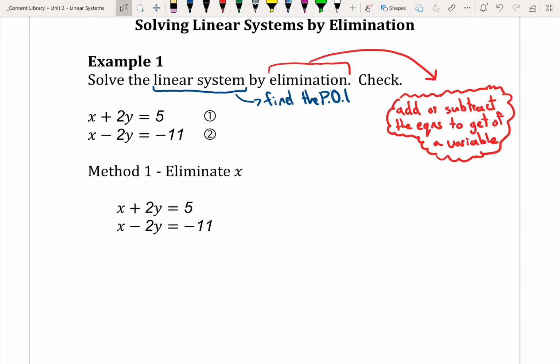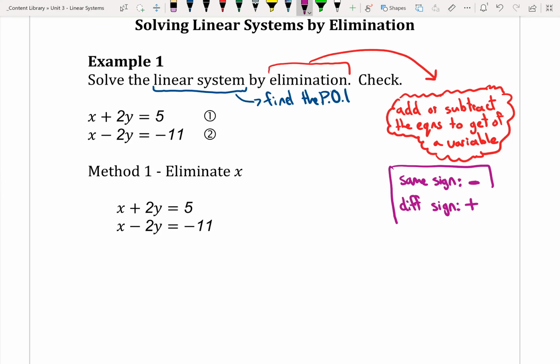And one of the methods we can use: if we have the same sign, we need to subtract, regardless of what the sign is. If it's the same sign, we have to subtract. And if we have different signs, we need to add them. So this is something to keep an eye out for. This will help us figure out whether we add or subtract the two equations to find our point of intersection.